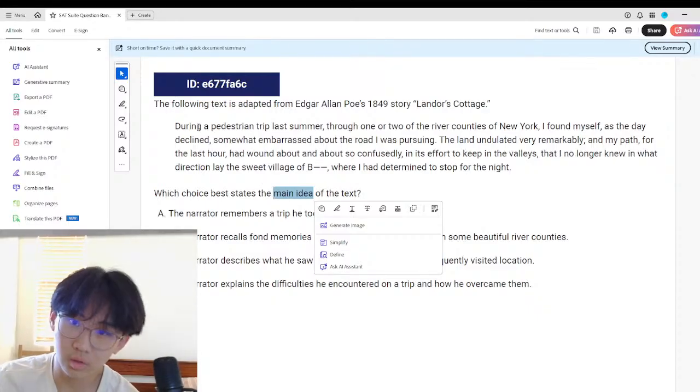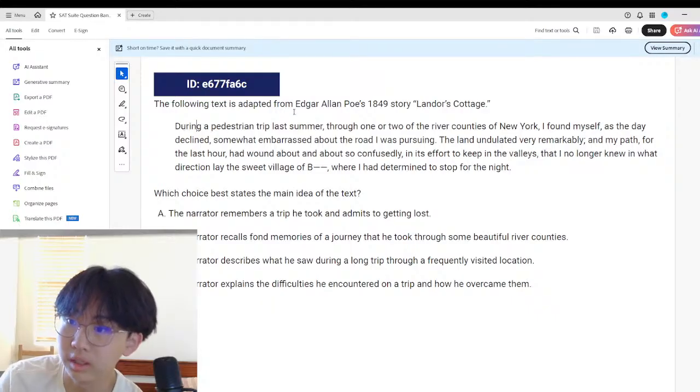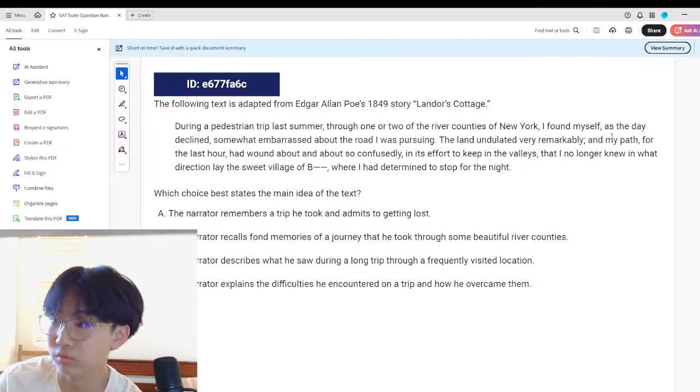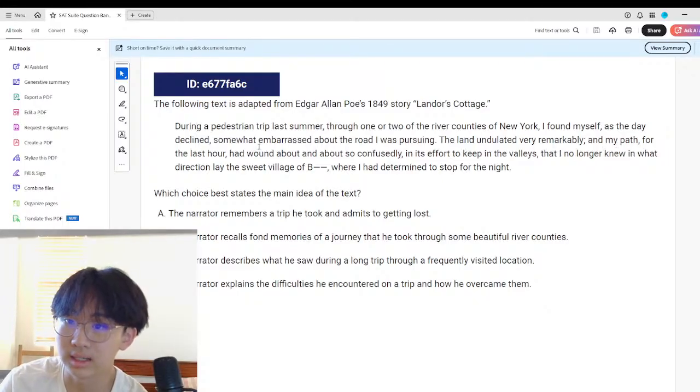So we read it: during a pedestrian trip through the River Counties of New York, as the day declined, an embarrassing road, pursuing land that undulated. Don't know what that means, but I don't need to because I can continue to read. The path in the last hour wound confusedly, in an effort to keep the valley, no longer a new direction, a sweet village, determined to stop for the night.